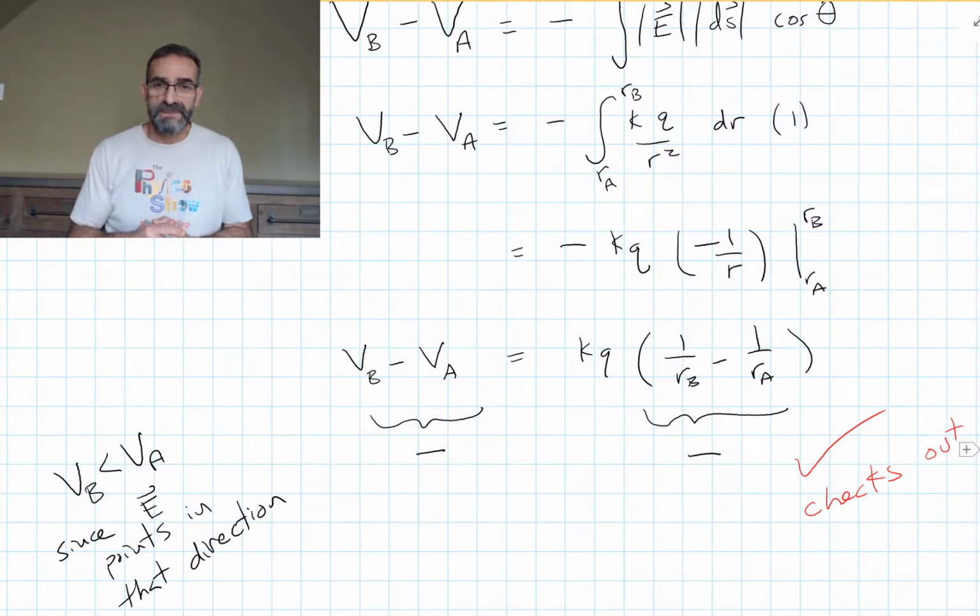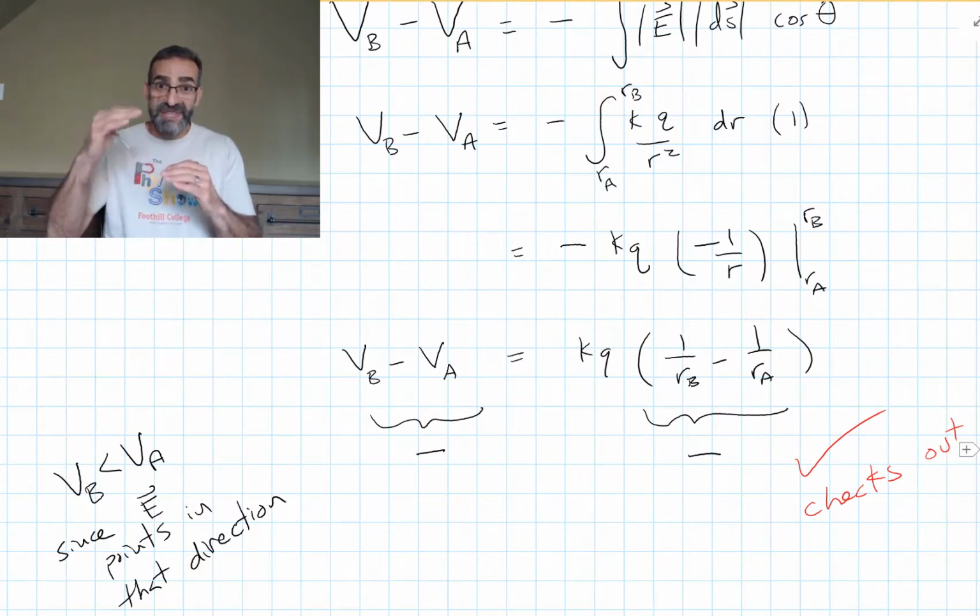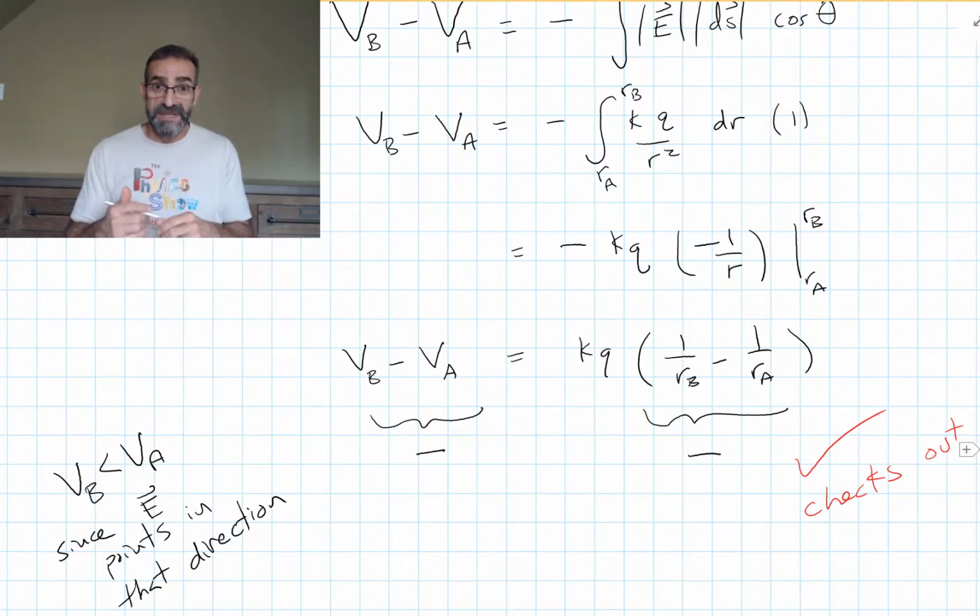Electric potential, although it is not electric potential energy, it's electric potential. There's a difference. But like potential energy, what really matters is the change. Delta V is what's important. Telling me that the voltage is 100 volts somewhere doesn't really help me.